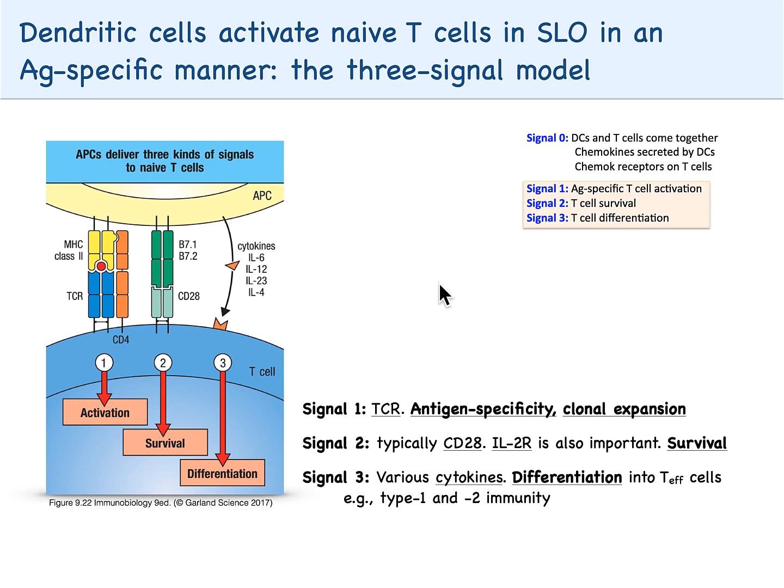So signal 3 is very important for the differentiation, whether this cell will become a Th1, a Th2, a Th17, or, if it is a CD8, whether it's going to become a strong cytotoxic T lymphocyte or a CD8 T lymphocyte that produces more cytokines but not so much cytotoxicity. So signal 3 is going to be very important for what you will see later, type 1, type 2, and type 3 immunity.